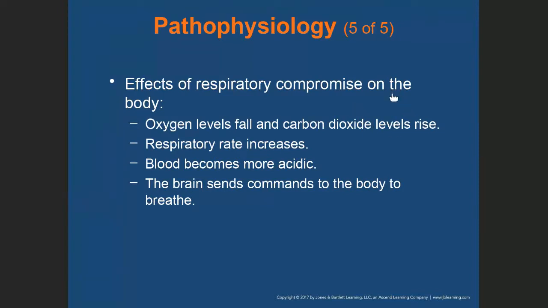As carbon dioxide accumulates in the body, it will combine with water to form carbonic acid, which causes the pH to become more acidic. The body will try to compensate for that acidosis by increasing the respiratory rate to break up the carbonic acid to carbon dioxide and get rid of it via exhalation.